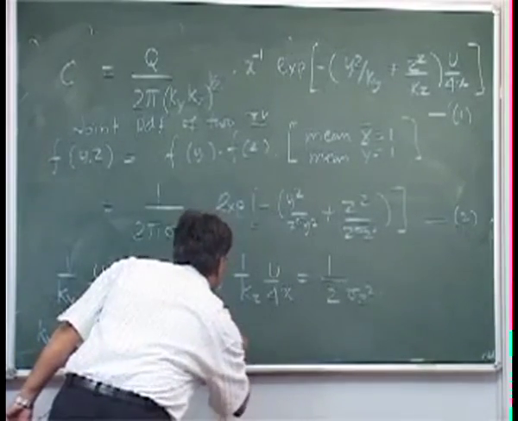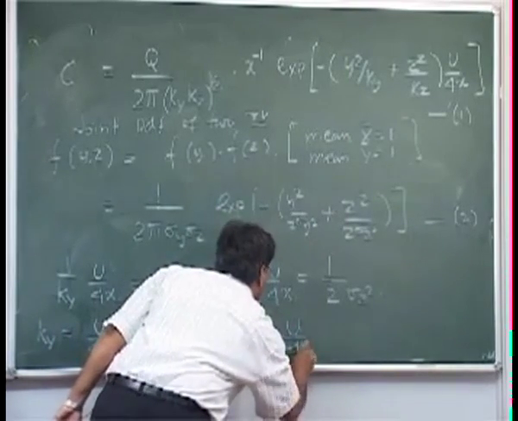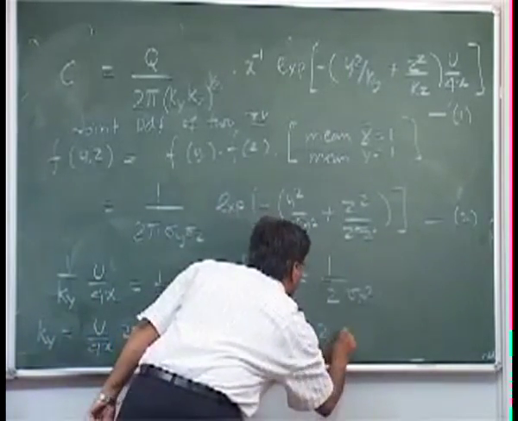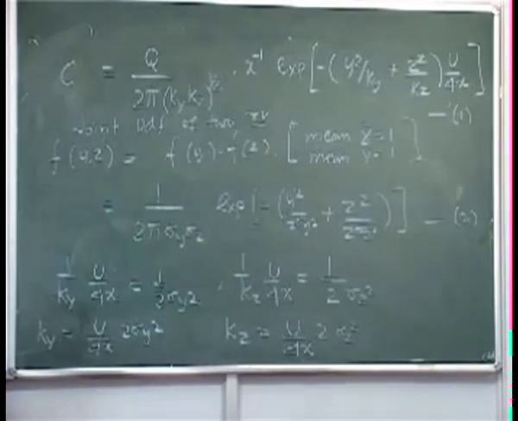And kz will be equal to 4x to sigma z square.